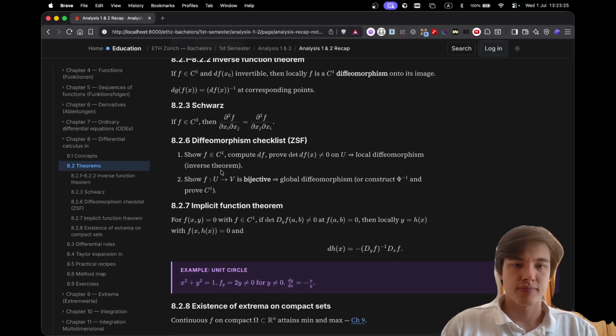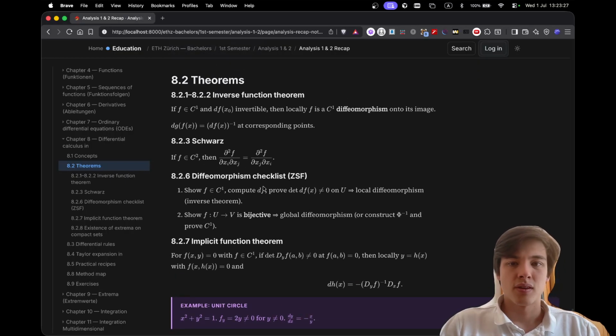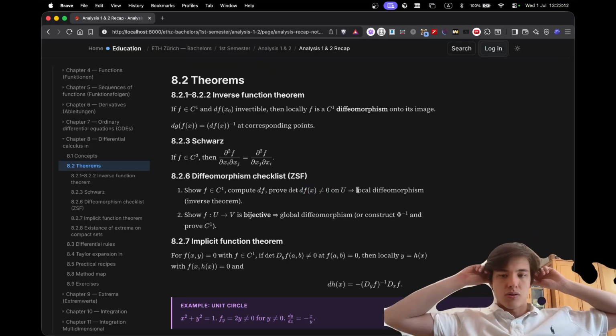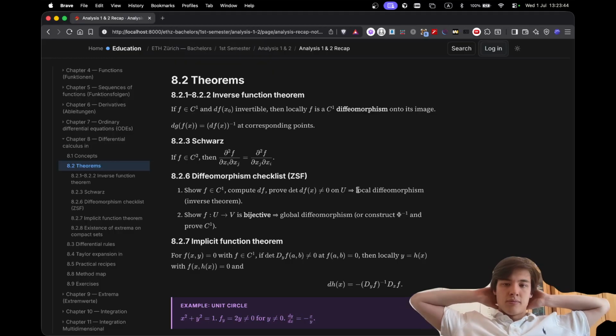Diffeomorphism. So we show that it's C1, and then we compute df and prove that the determinant is not equal to 0, so it's invertible. So local diffeomorphism.